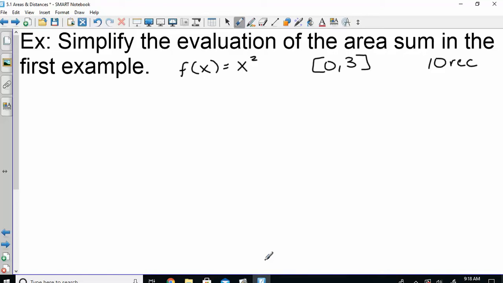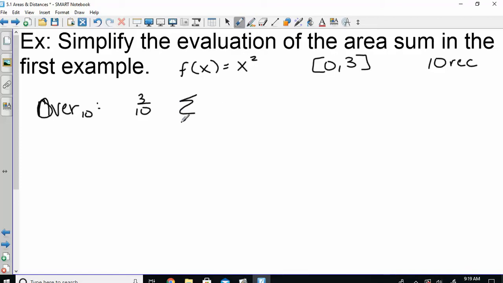So when we set that up, we did for the over, the change in x, remember from yesterday we had 3/10. And then we had to add up how many pieces? 10 of them.